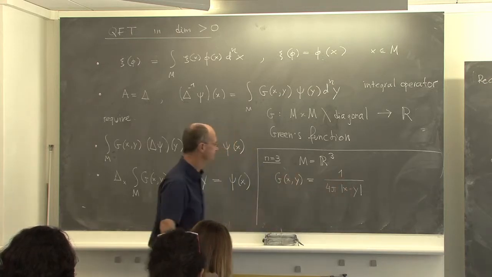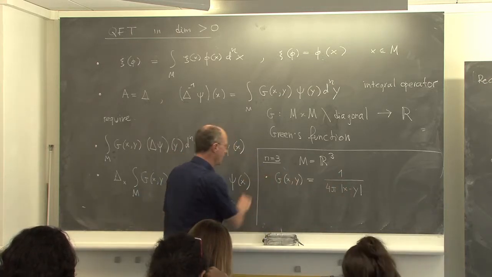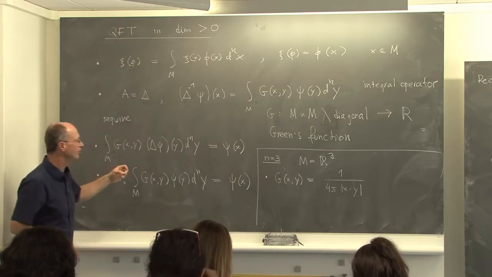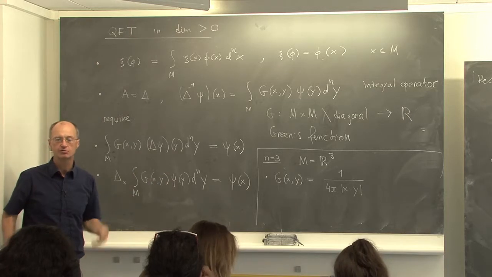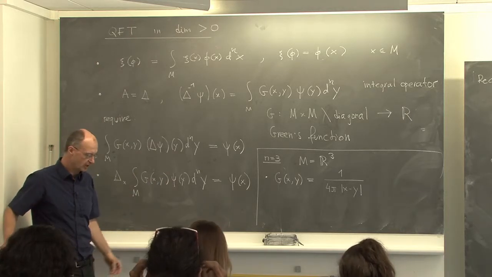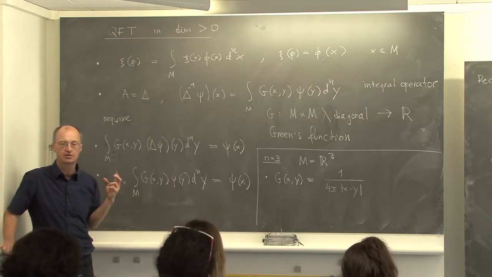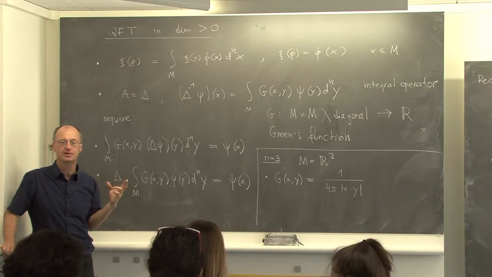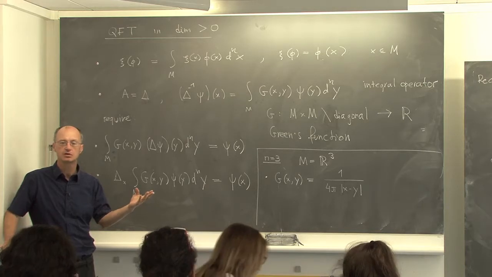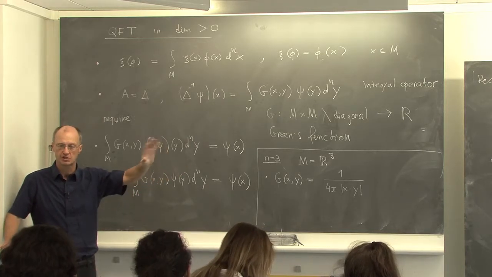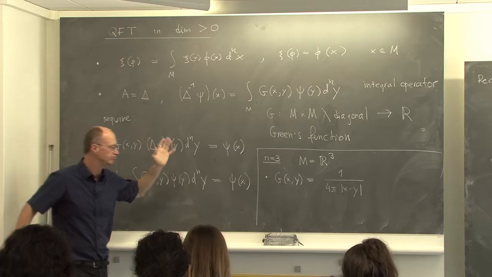That's exactly the solution of Laplace's, or more generally Poisson's equation, which says that the Laplacian of the potential is equal to minus the density of charge divided by something.